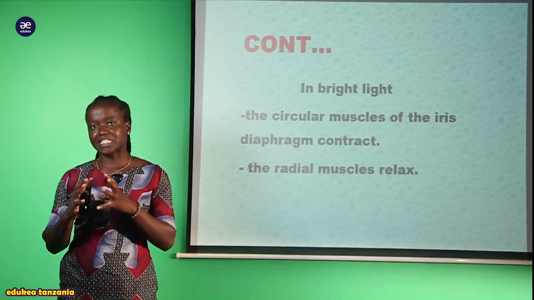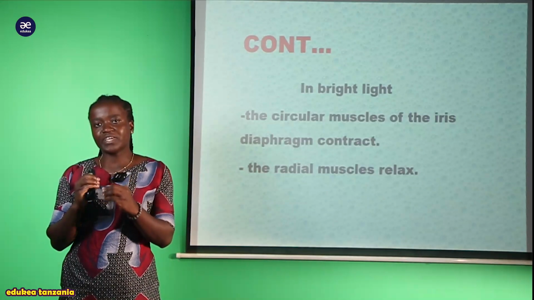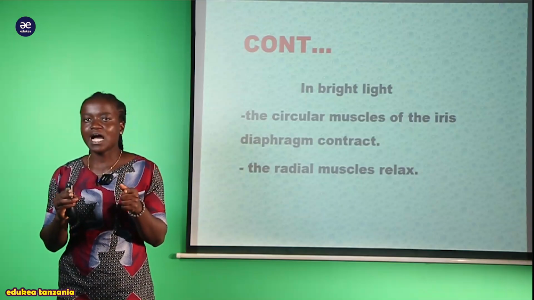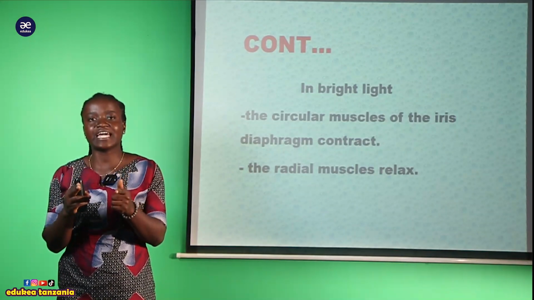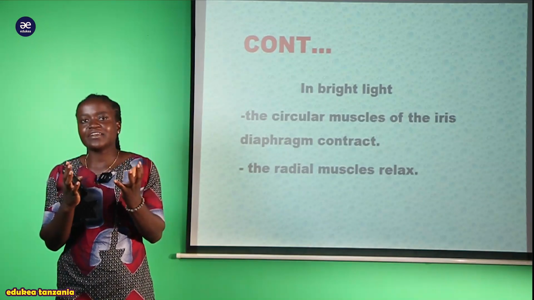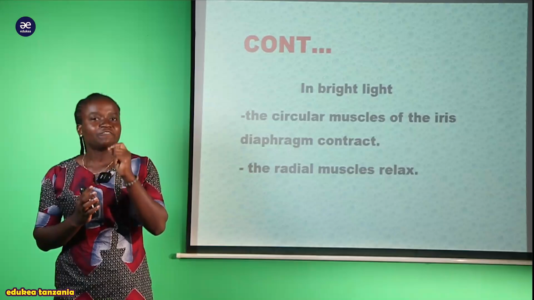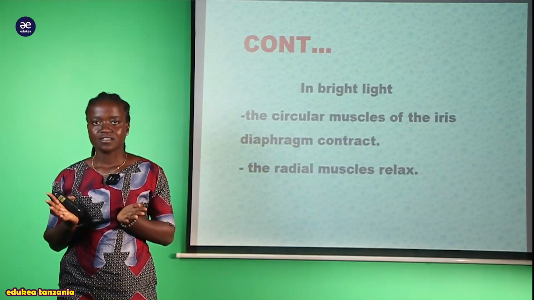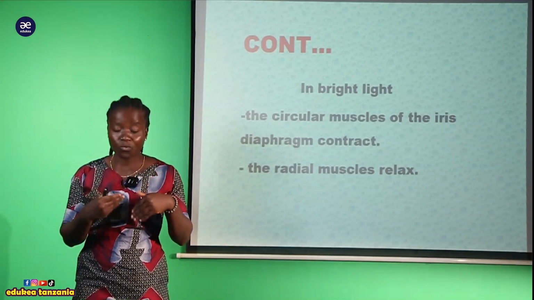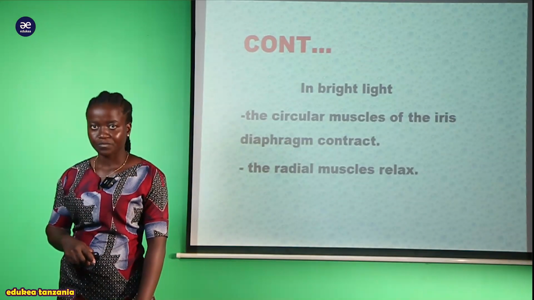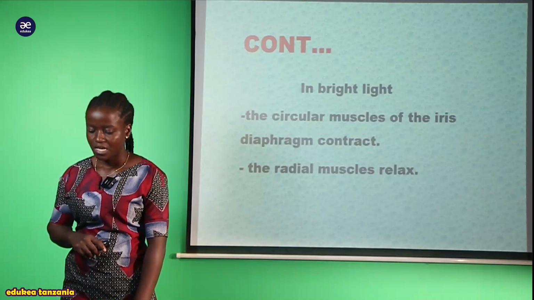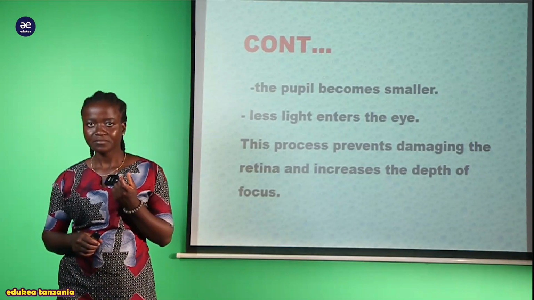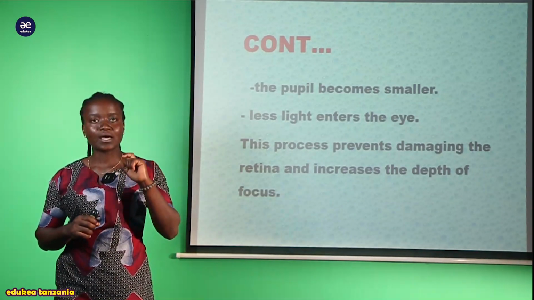The iris is responsible for controlling the amount of light entering the eye. After contraction of the circular muscles, the radial muscles found within your eye relax. This is the mechanism that controls the light entering the eye during bright light, and thereafter the pupil size becomes smaller.